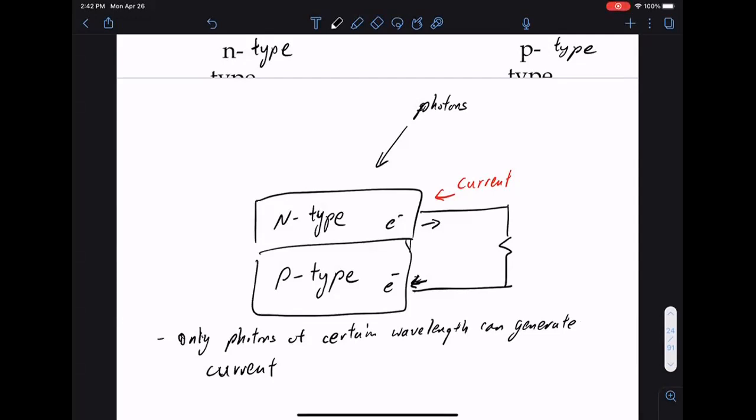So if you think of the light coming out of the sun, you can think of this being a fairly broad spectrum, going all the way from, say, ultraviolet to visible to infrared, microwave, and so on. Only photons of certain wavelengths will generate current. Right? So why this? Anybody taken quantum?